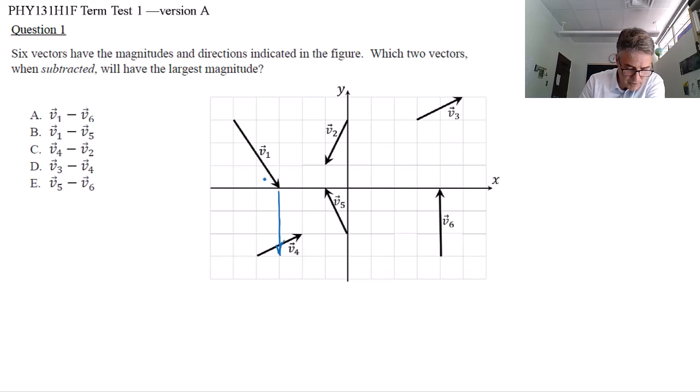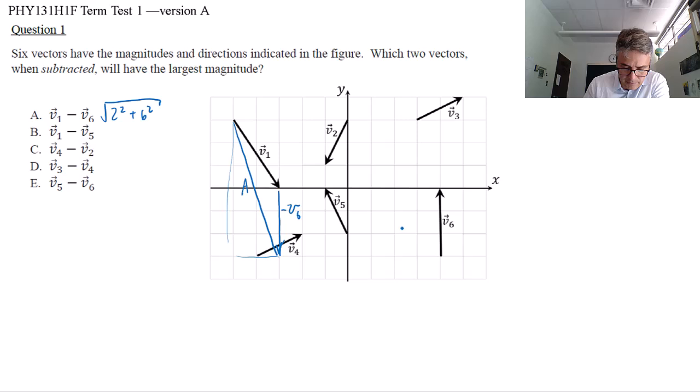This is going to be negative V6. So this right there will be A. You can see right there that's going to be the square root of 2 squared plus 6 squared.